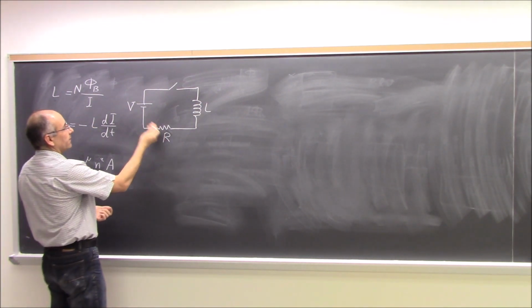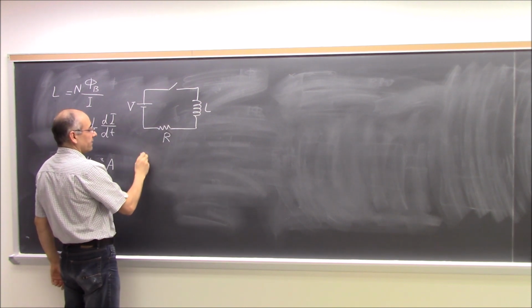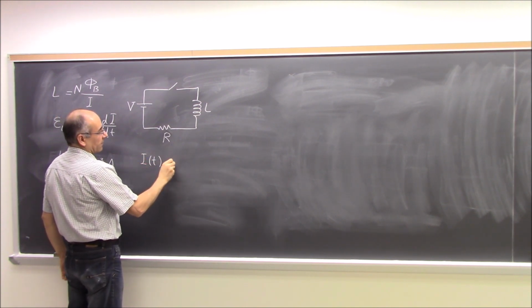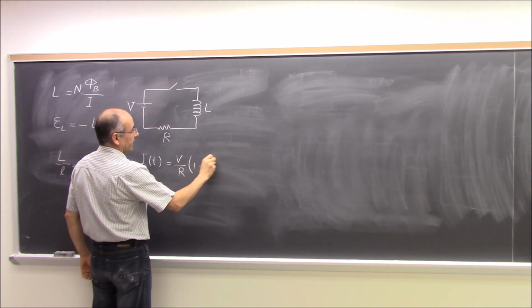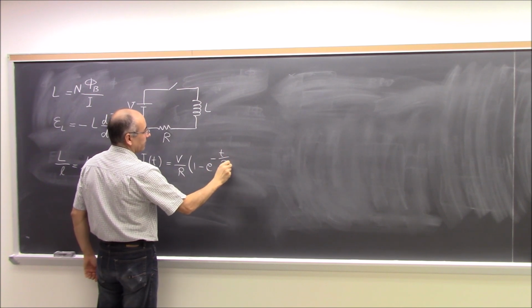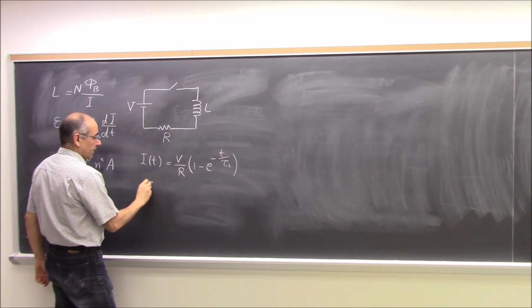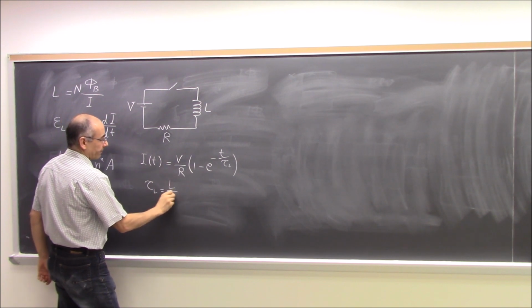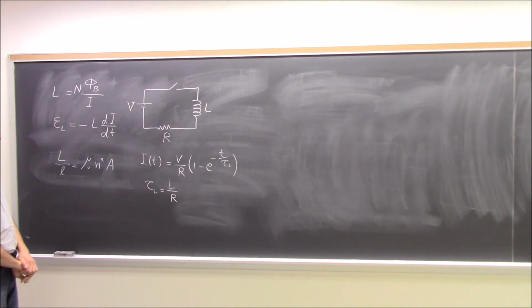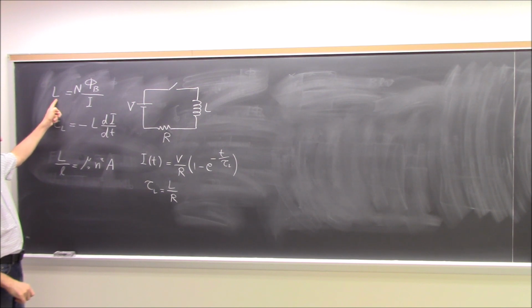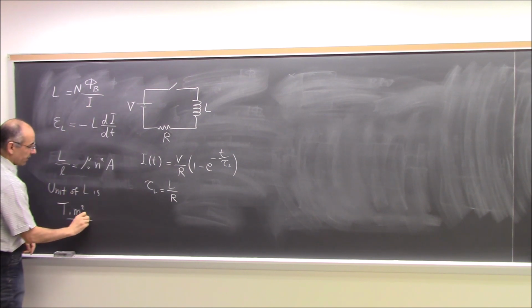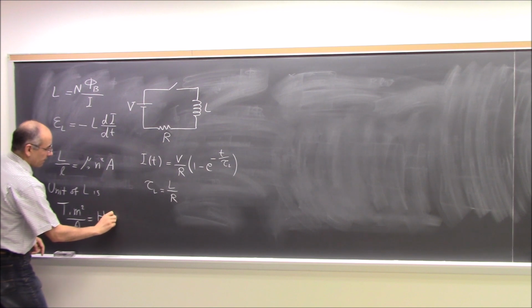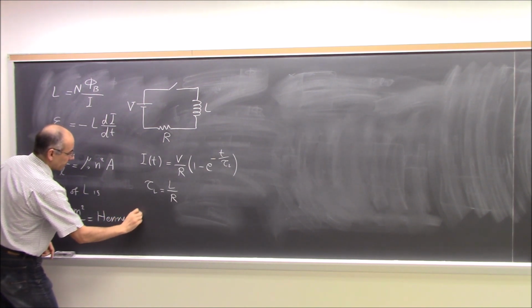The maximum current is V over R, but the current as a function of time is the maximum current V over R times 1 minus e to the negative t over tau L, where tau L was L over R. By the way, the unit of inductance is Henry. Unit of inductance is Tesla meter squared over amp, which we call a Henry, and we denote it by capital H.